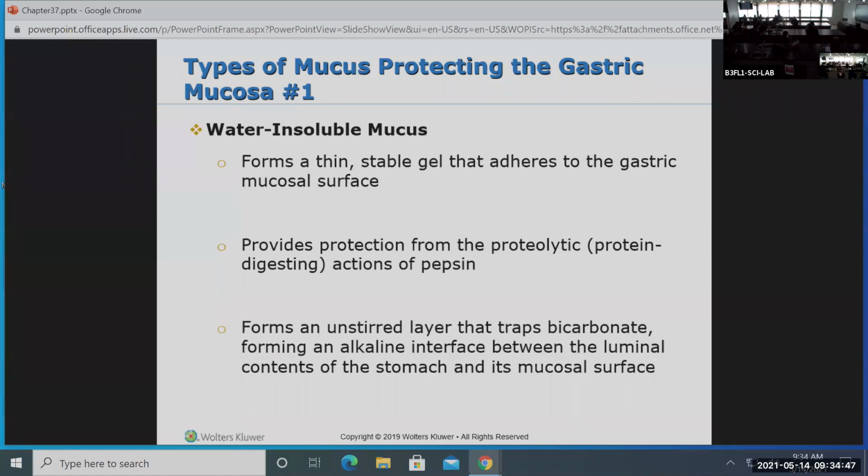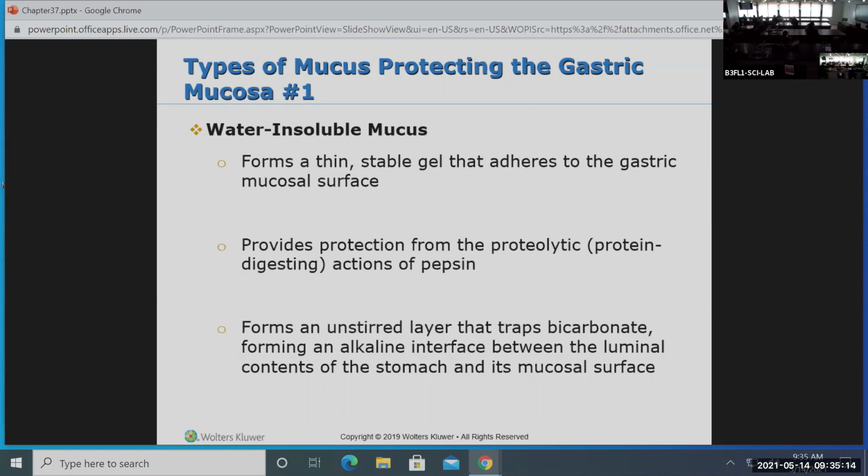Name the cell which secretes hydrochloric acid in the stomach. Parietal cell. Parietal cell, yes. We do have different types of cells in the gastric gland. Parietal cell secretes my hydrochloric acid and also intrinsic factor. Okay, good. So remember hydrochloric acid and remember pepsin.